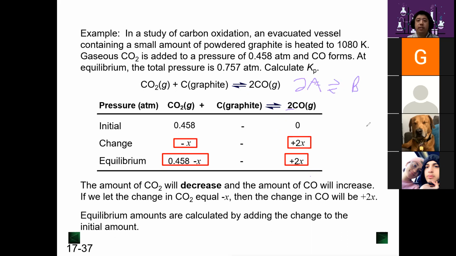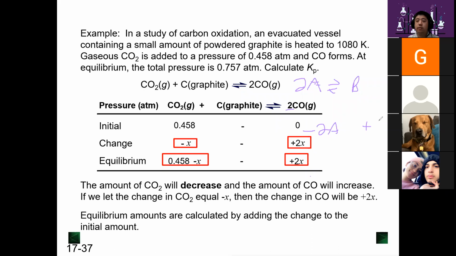For every 2 A's that I use up, I make 1 B. Does that make sense? Okay, so if I take away 2 A's, how many B's did I make? I took away 2 A's. I used up 2 A's. How many B's did I make? And you said that every 2 A's you make 1 B.